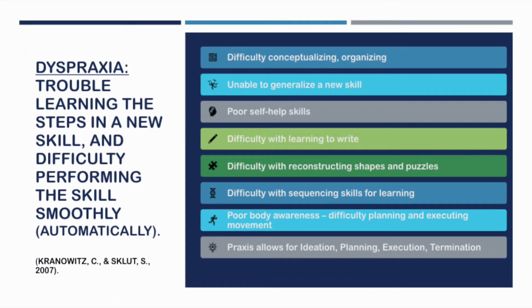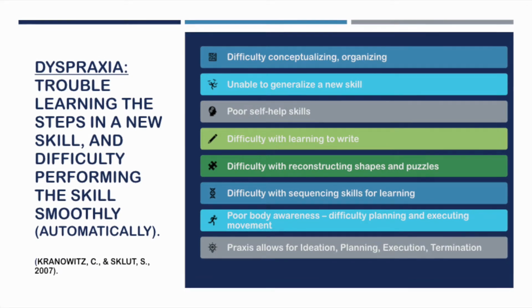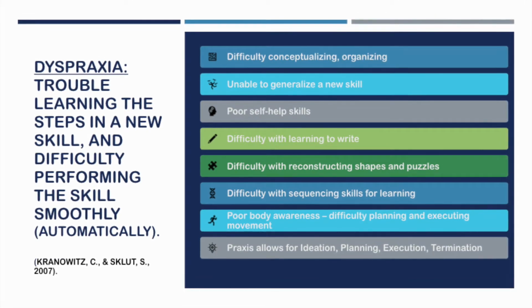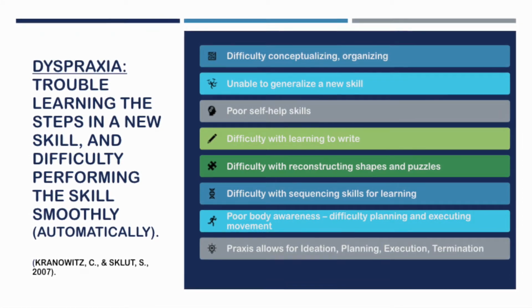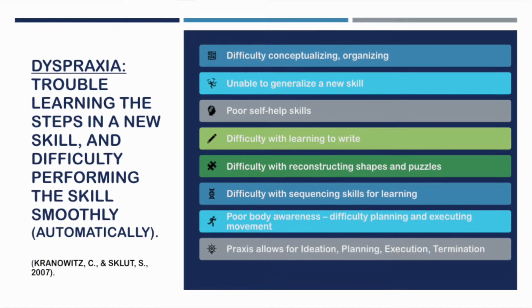Dyspraxia is another area of sensory processing disorder. It is described as when students have trouble learning the steps in a new skill and difficulty performing the skill smoothly and automatically.